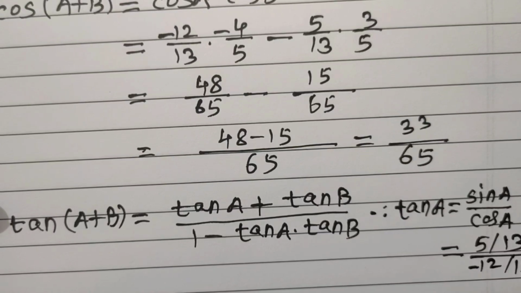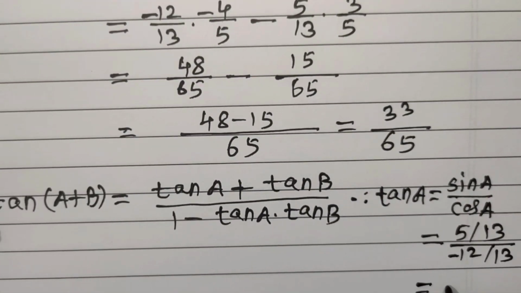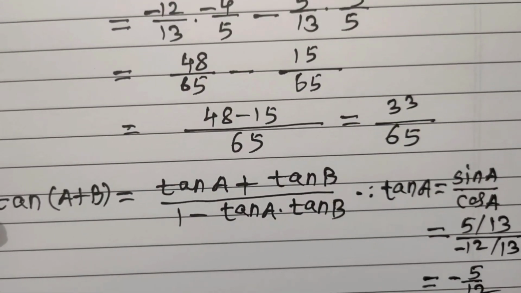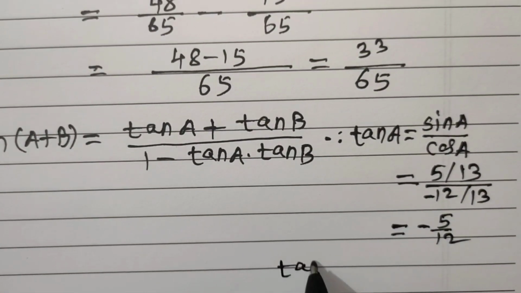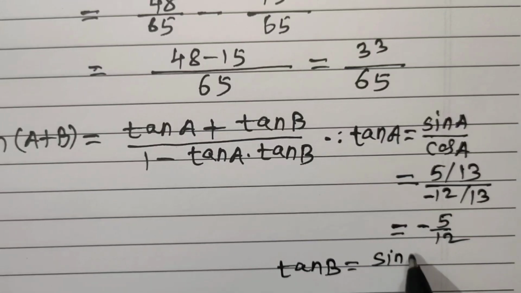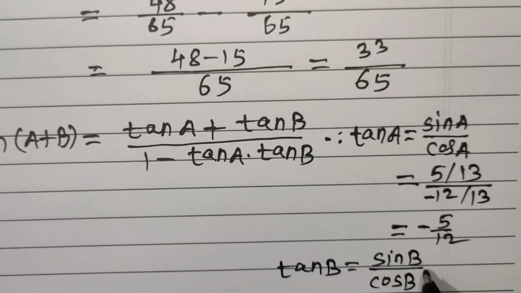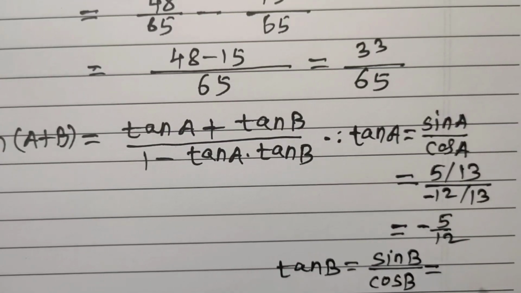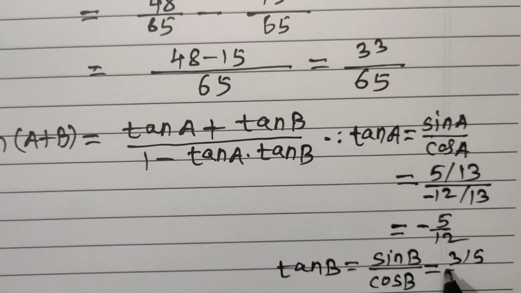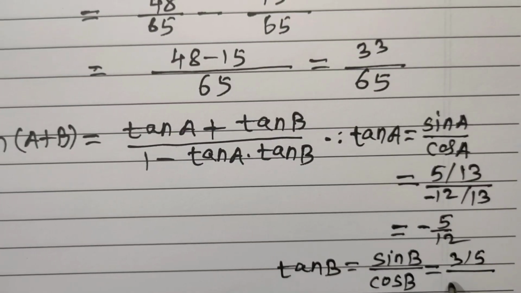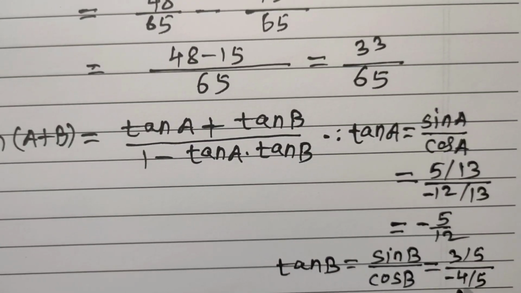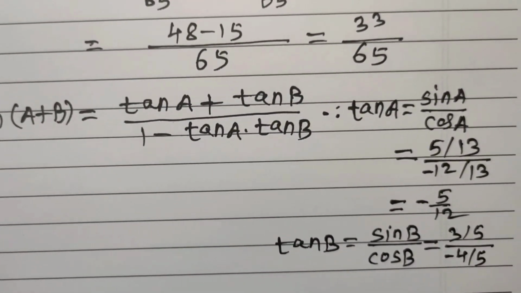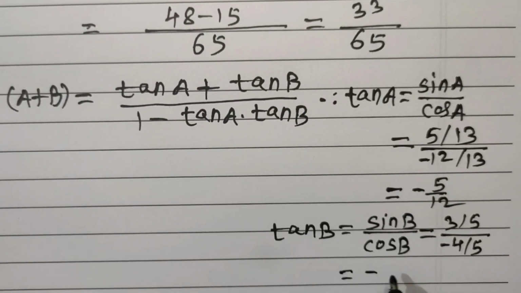Hence tan A is equal to minus 5 upon 12. Similarly, let us find tan B, which is equal to sin B divided by cos B. But sin B is 3 upon 5 divided by cos B, which is minus 4 upon 5. So 3 upon 5 divided by minus 4 upon 5 is equal to minus 3 upon 4. This is the value of tan B.